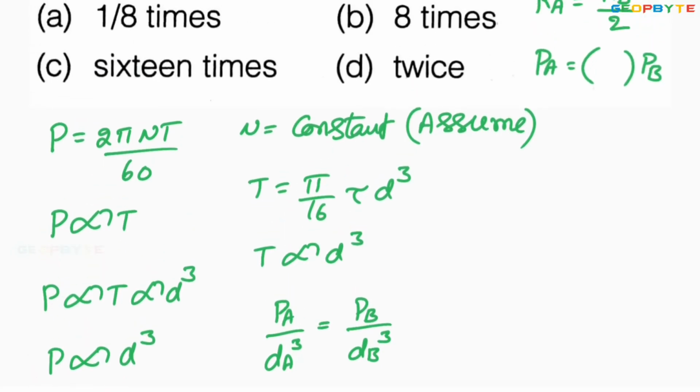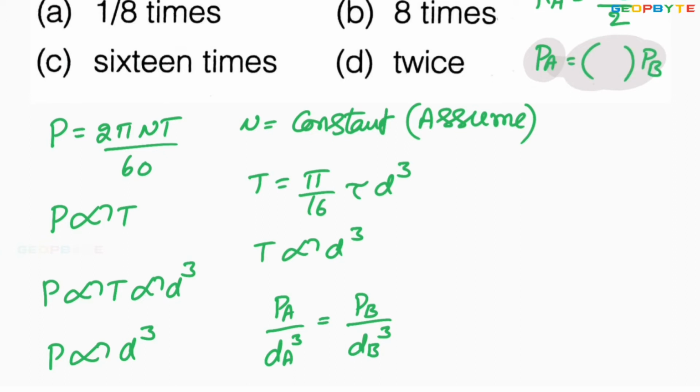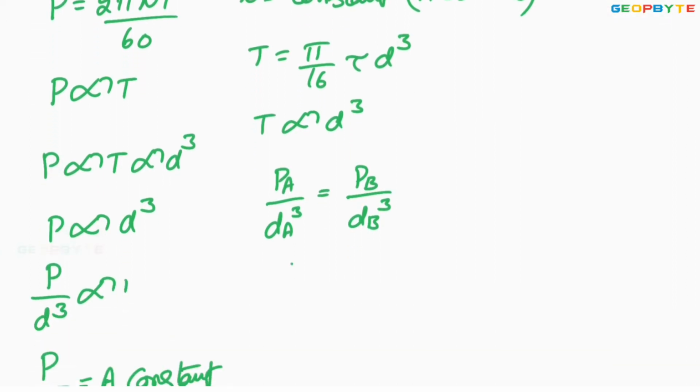But he is asking the power transmitted by A in terms of B. From this I can write that power transmitted by A equals power transmitted by B multiplied by dA by dB whole cube.